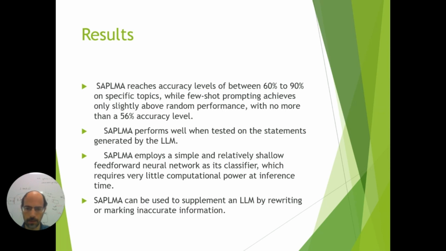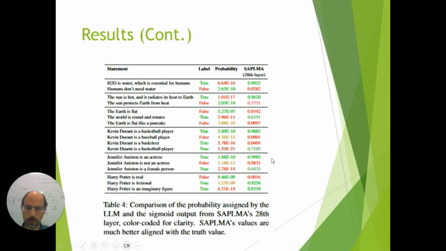I'll talk about it a little bit later. We also compared the results of SAPLMA to just measuring the probability, according to the model, of each of the sentences, and we show that SAPLMA performs much better.